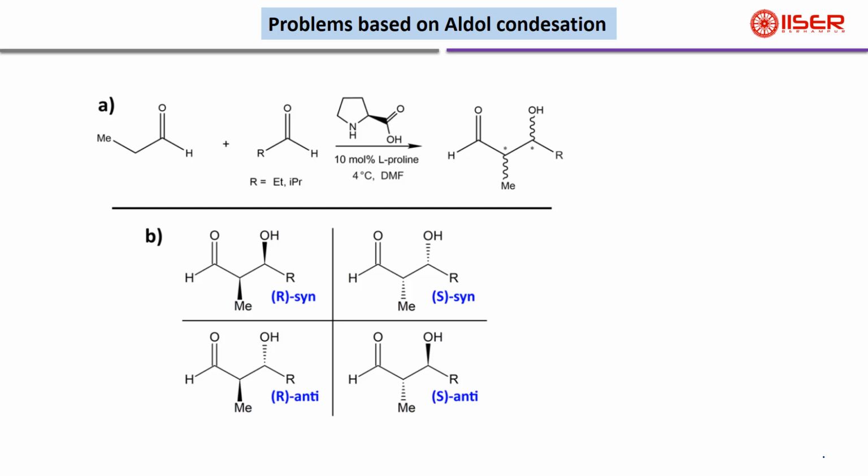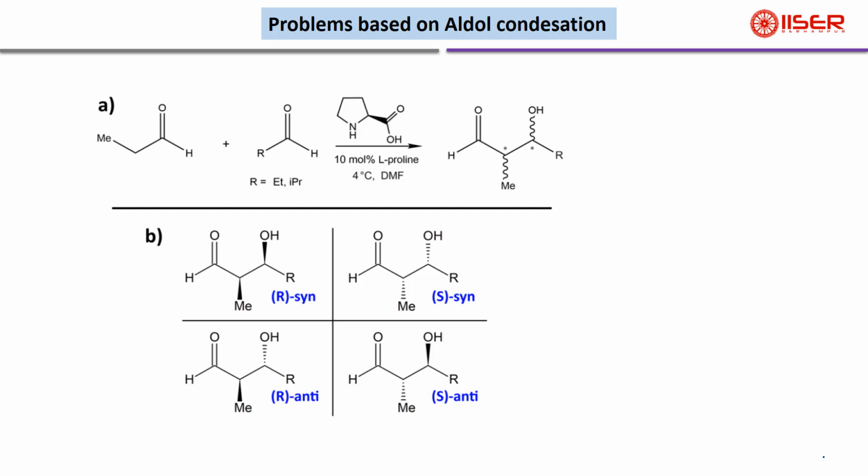Suppose, what happens if instead of a simple acid we provide a chiral acid in the case of aldol reaction? What will be the scenario in that case?